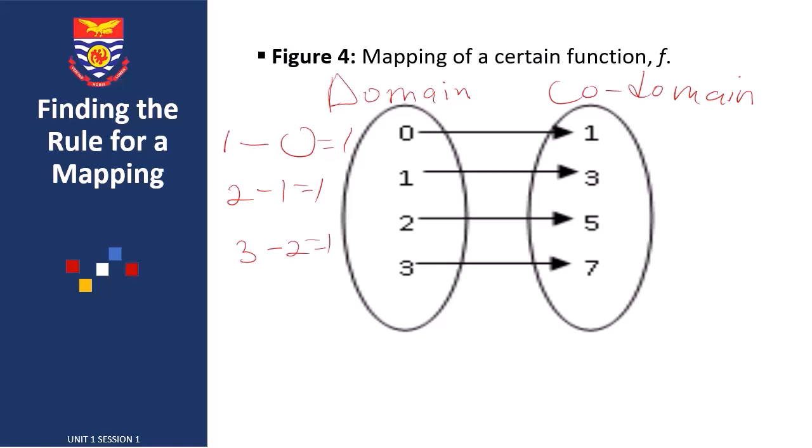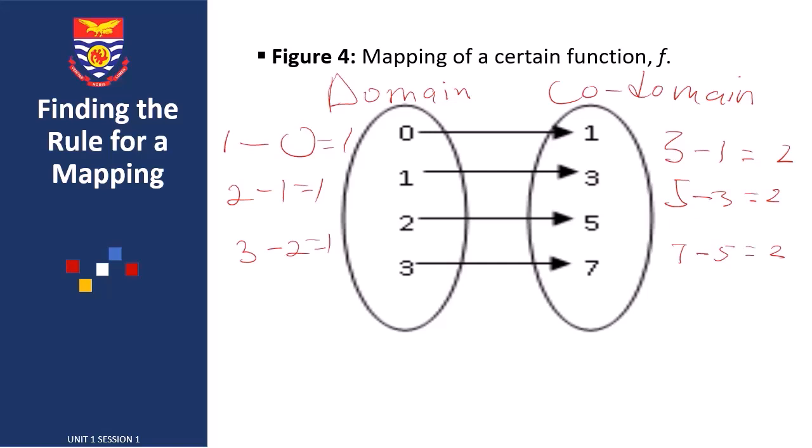We first found it for the domain, now I want to find it for the codomain. That is 3 minus 1, I get 2. And then 5 minus 3, I get 2. And then 7 minus 5, I get 2. That's good.